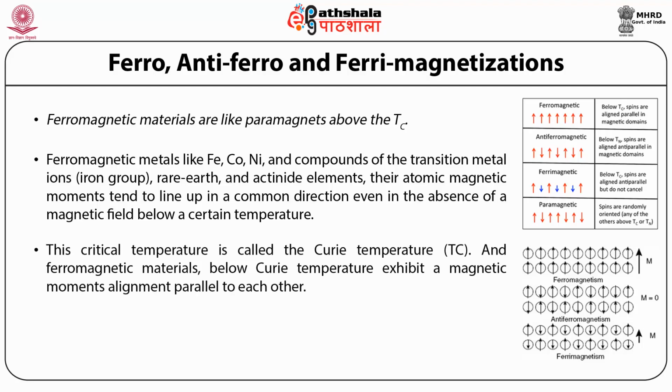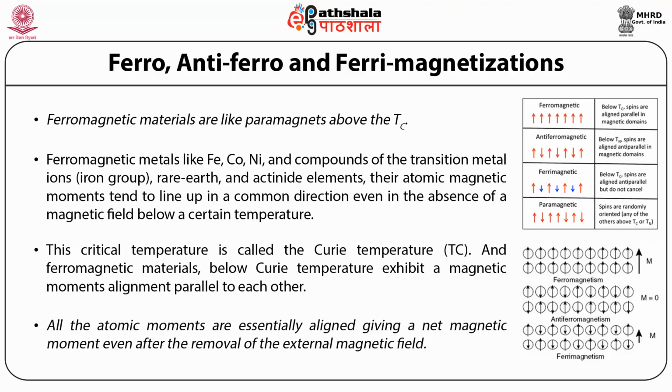This critical temperature is called the Curie temperature, and ferromagnetic material below the Curie temperature exhibit magnetic moments aligned parallel to each other. All the atomic moments are essentially aligned, giving a net magnetic moment even after the removal of the external magnetic field.